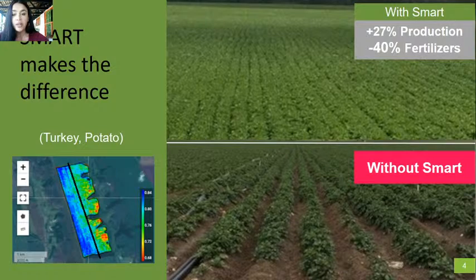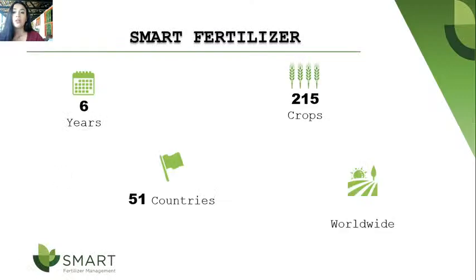I want to show you a potato crop, and we can see the difference here working with Smart Fertilizer. They reduced the fertilizer by 40%. Also, we can see it in the quality of the crop. Here is the area where they didn't work with Smart Fertilizer, and in this area, they did.